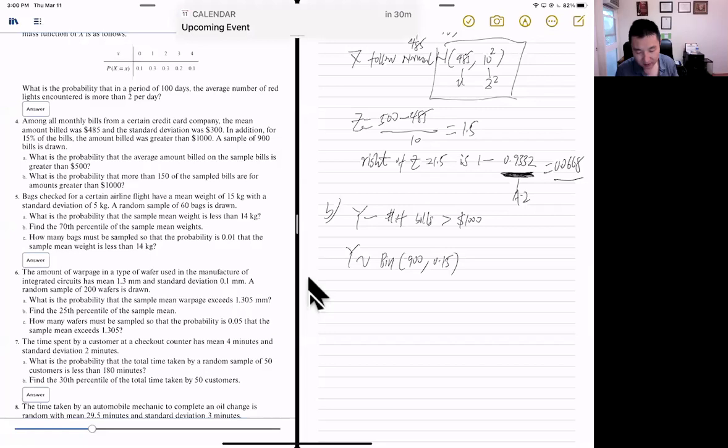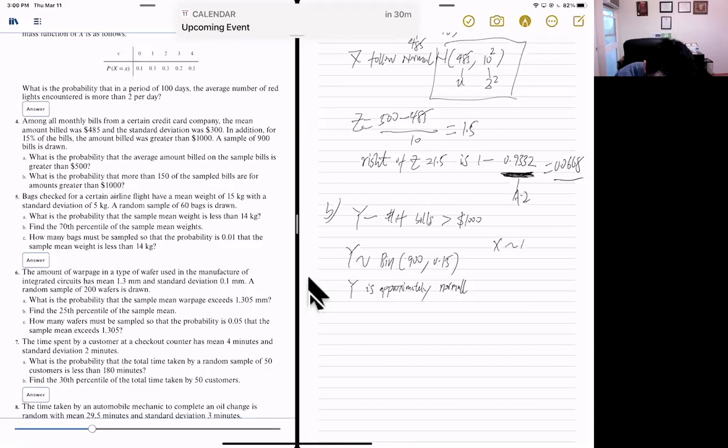Under certain conditions, we can use normal distribution to describe binomial distribution. Okay, so Y is approximately normal, with the mean value and standard deviation. But before we do that, let me write down the condition.